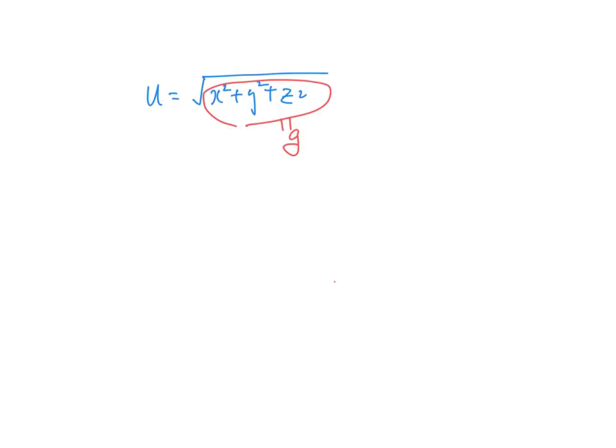Then what is du/dg for the square root of g? Remember that? And partial g over partial x is what? 2x, right?